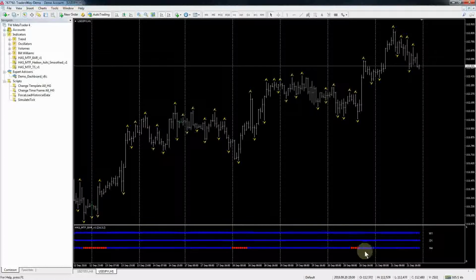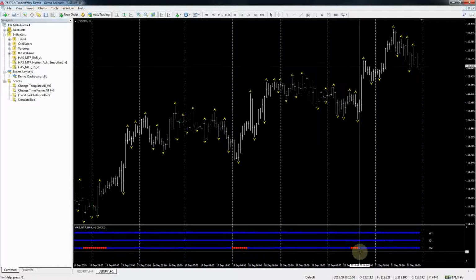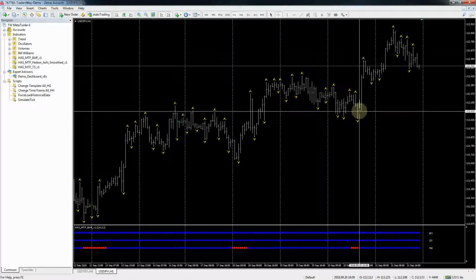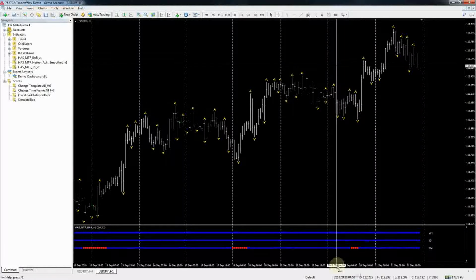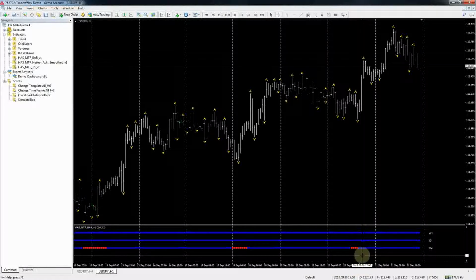Confirmed means that when you get a switch in color like this from red to blue, it does not signal a long trend until this first blue candle or this blue dot, which of course conforms to the candle up above here. So it waits for this candle to close, and then when this one opens, which would be on the second blue square here, is when it would be confirmed.